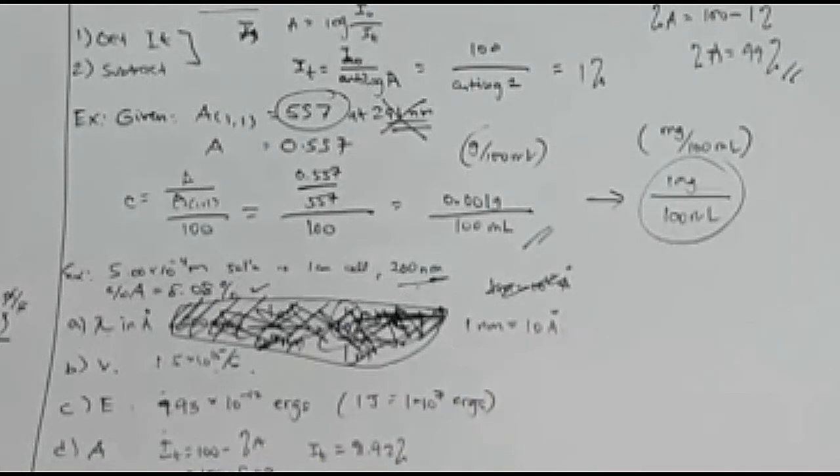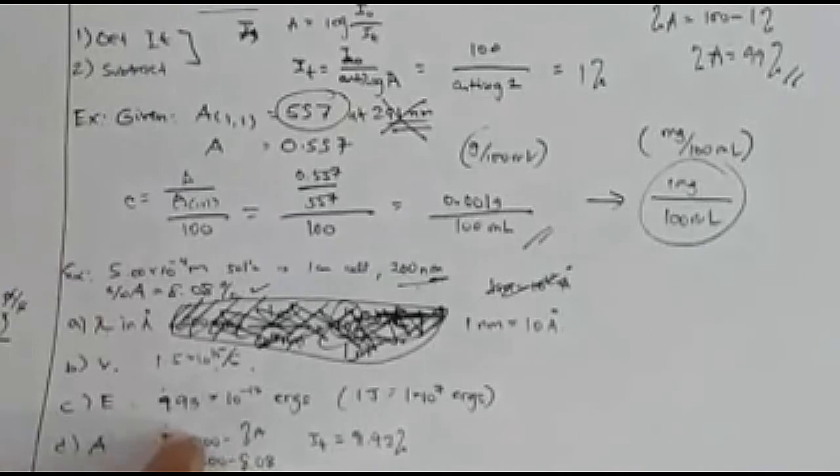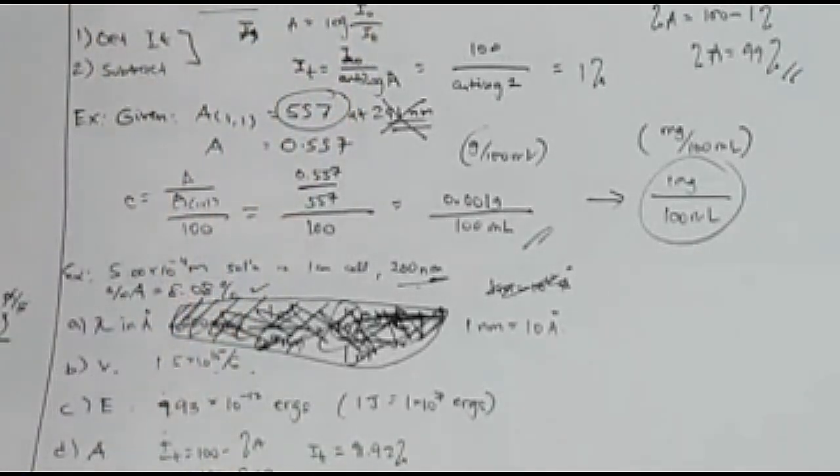If you want to go from percent A to A, first you need to get the percent of your transmitted light, because in order to get A, you need IT, and I0 is always 100. We already have it. That's why you need your IT first, which you can get by subtracting your percent absorbance from 100, as you can see here. And then you use the formula to get A.